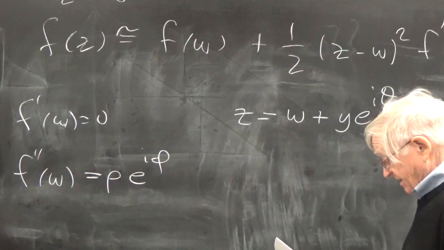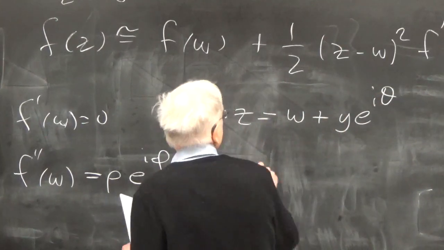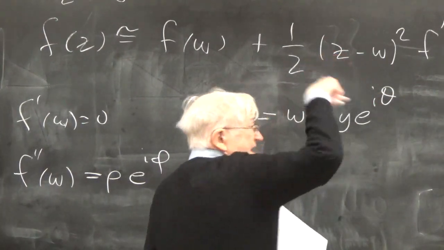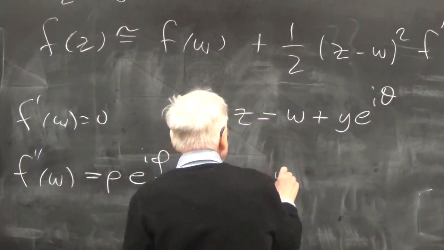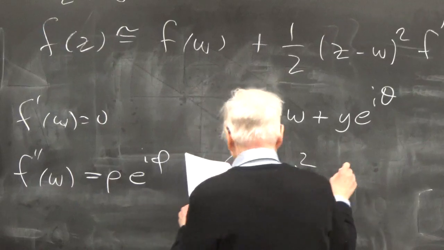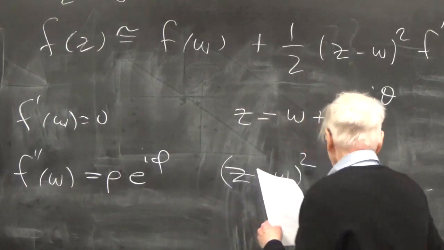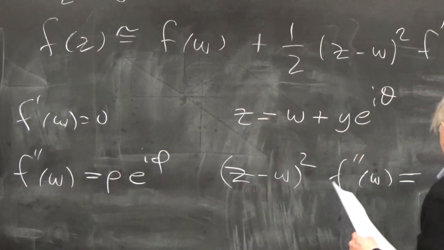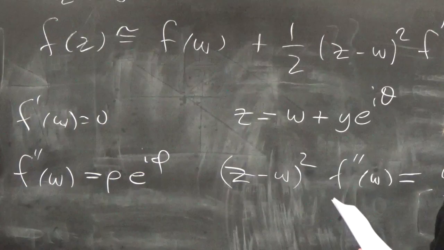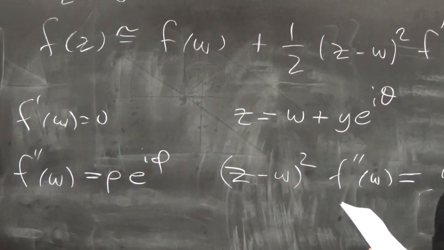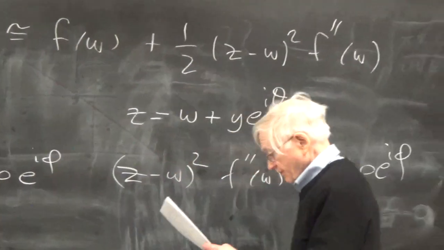In any event, the key thing is that we want this thing to be basically a decreasing Gaussian. So we want Z minus W squared f double prime of W, which is Y squared rho e to the I phi, that's this term.